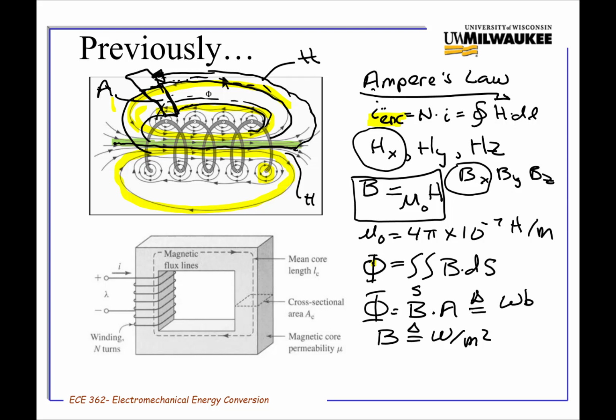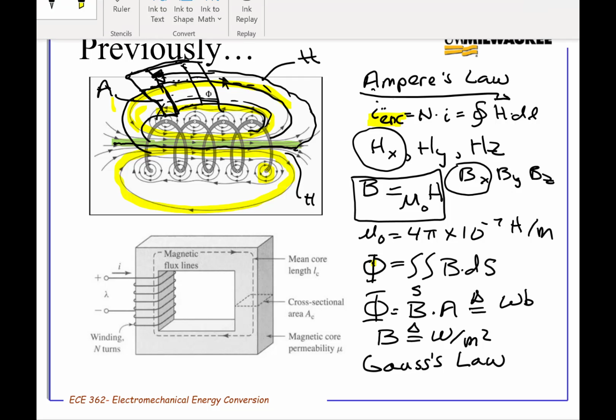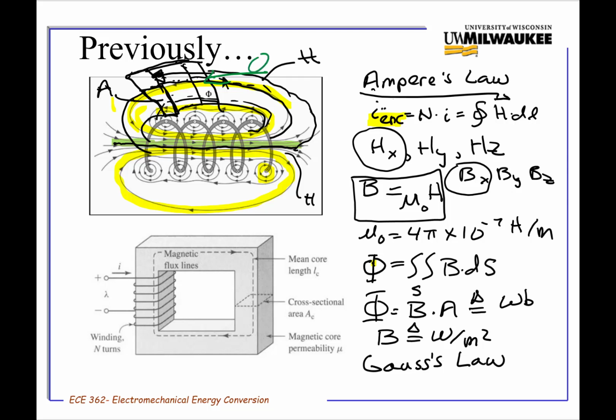And then we introduced Gauss's law, which would say if I were to create a closed surface area, so let's take this flux tube idea here and let's create two surfaces and close the boundary between them, then the flux coming in, so let's call this flux 1, and the flux going out would be equal to each other.